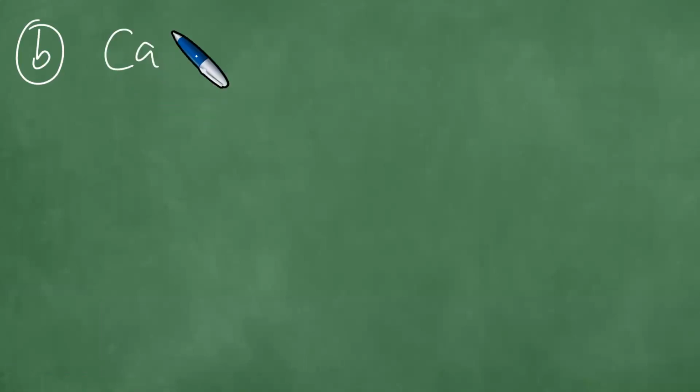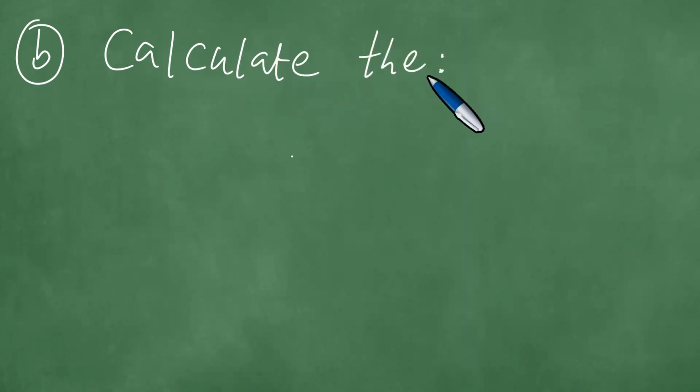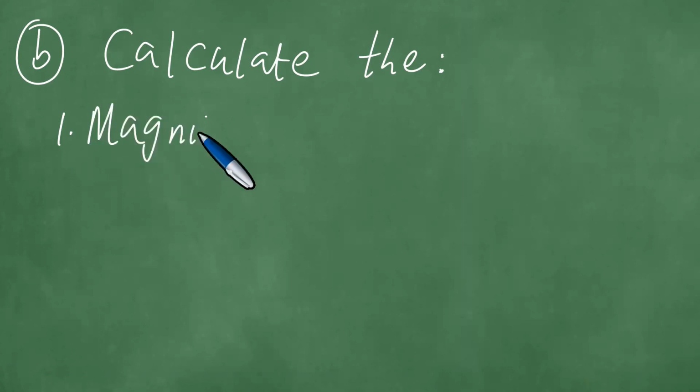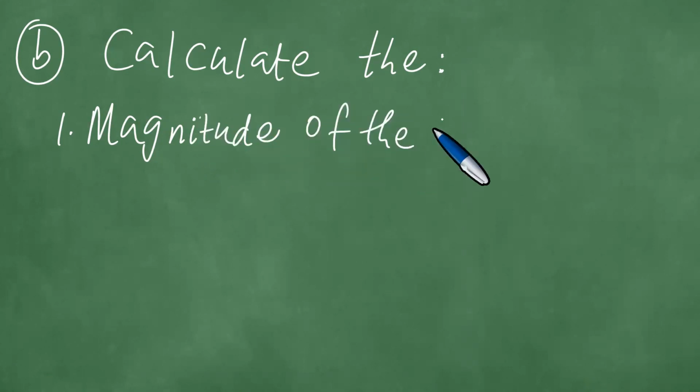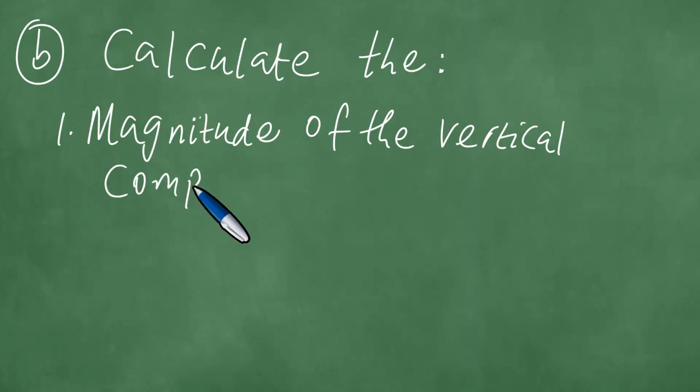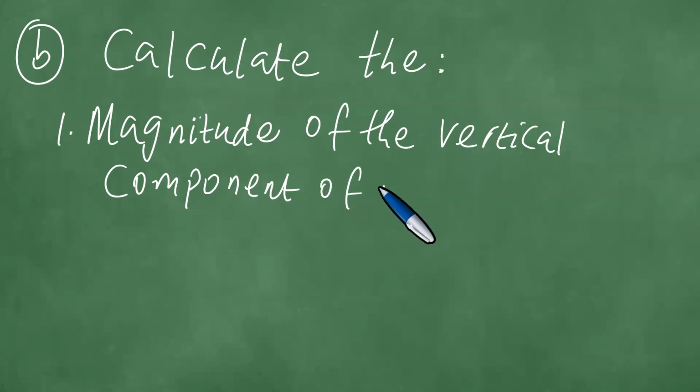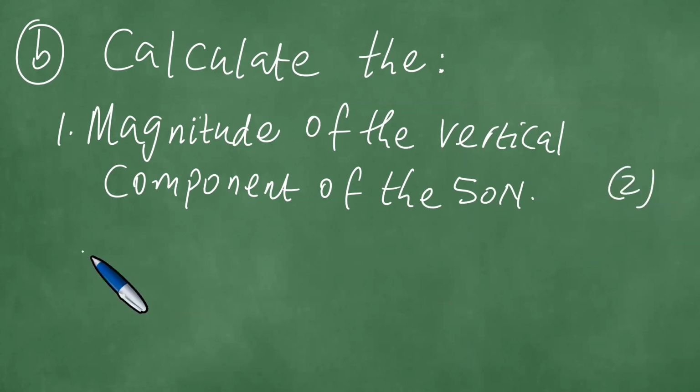Right, let's look at part B. Okay, in part B, we need to calculate, okay, number one, the magnitude of the vertical component of the 50 Newton force, for 2 marks.